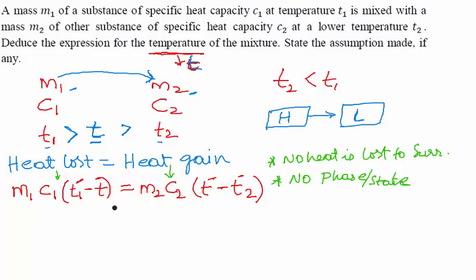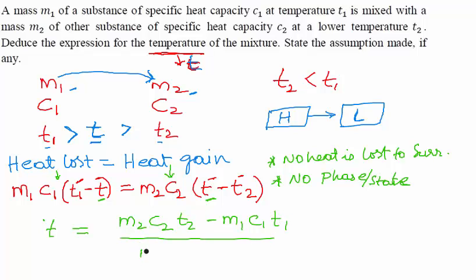So if you try to calculate this, what will you get? We need to find T. Everything else is known. So you will get T equal to M2 C2 T2 minus M1 C1 T1 by M2 C2 minus M1 C1.